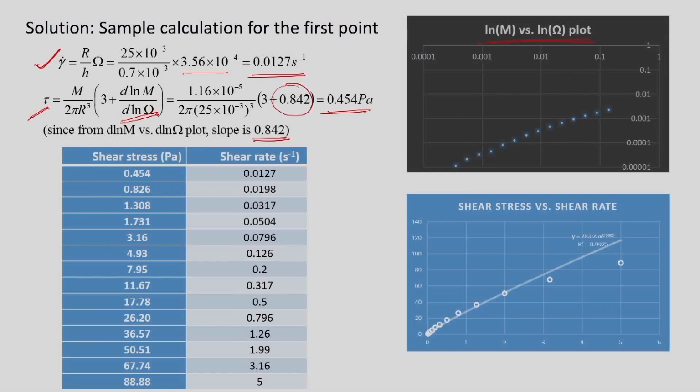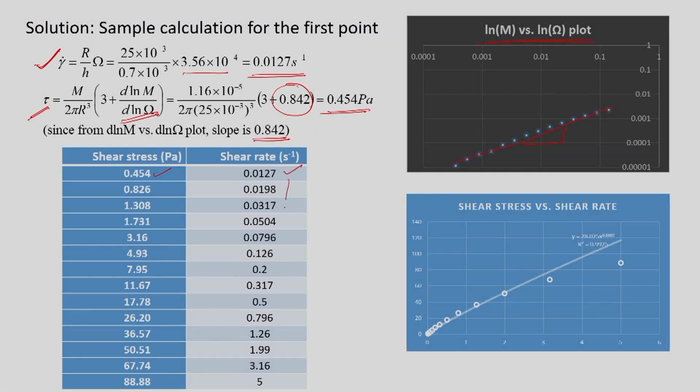This d ln M by d ln omega value, 0.842, is the slope of the ln M versus ln omega curve. That is shown here, giving a straight line. From this straight line the slope you get is 0.842. The corresponding shear stress value for the first data point is 0.454 Pascal.